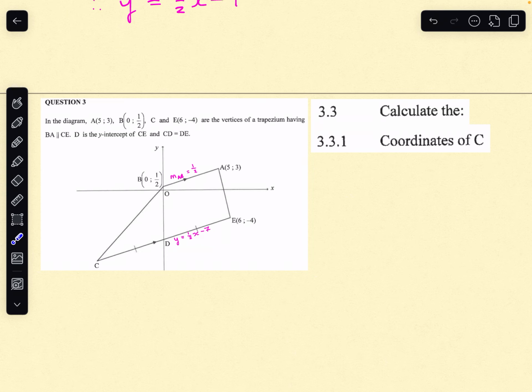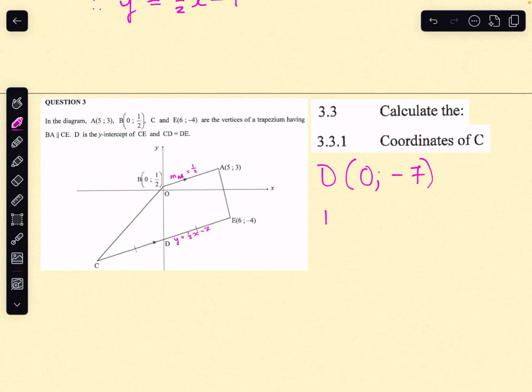So if we know the midpoint of this line, as well as one end of the segment, then we can use the midpoint formula to figure out the coordinates of C. So we know that the coordinates of D are 0, minus 7, and that's because it's the y-intercept of CE, whose equation we have just found out.